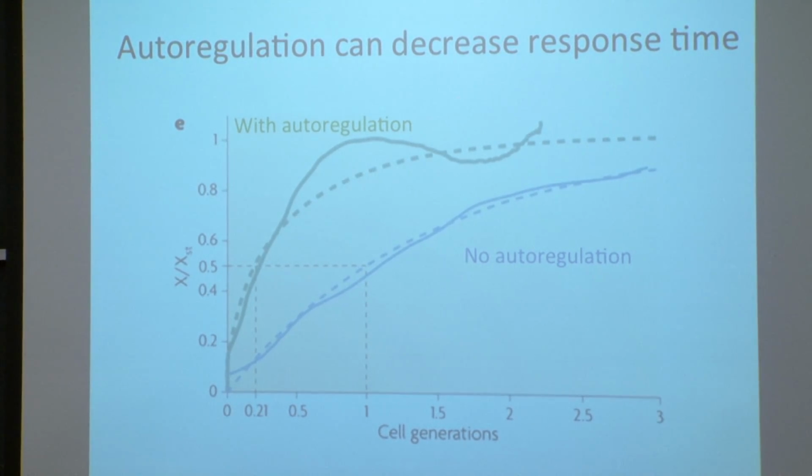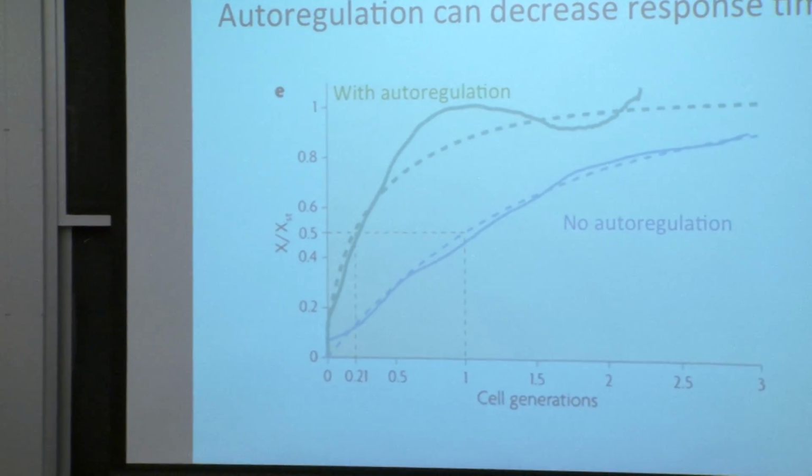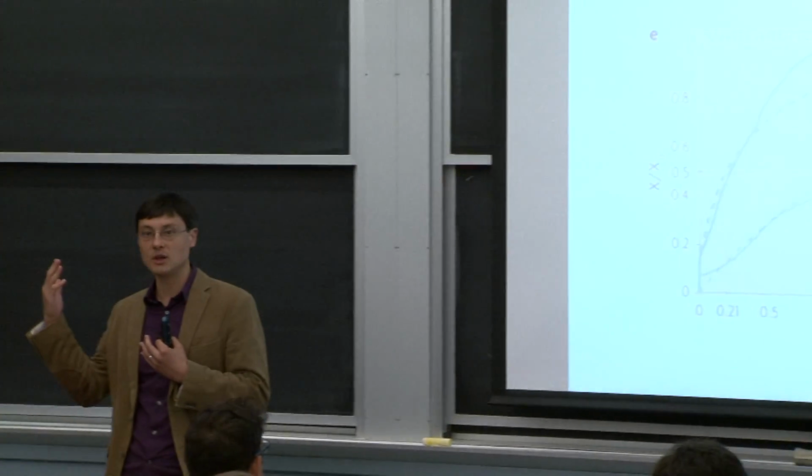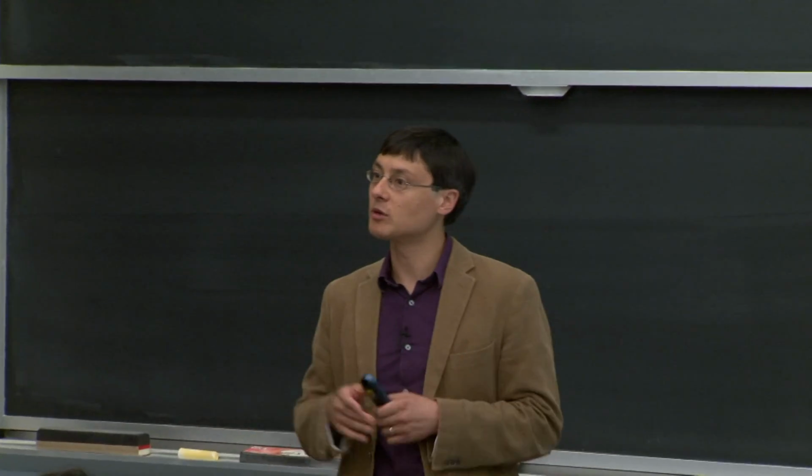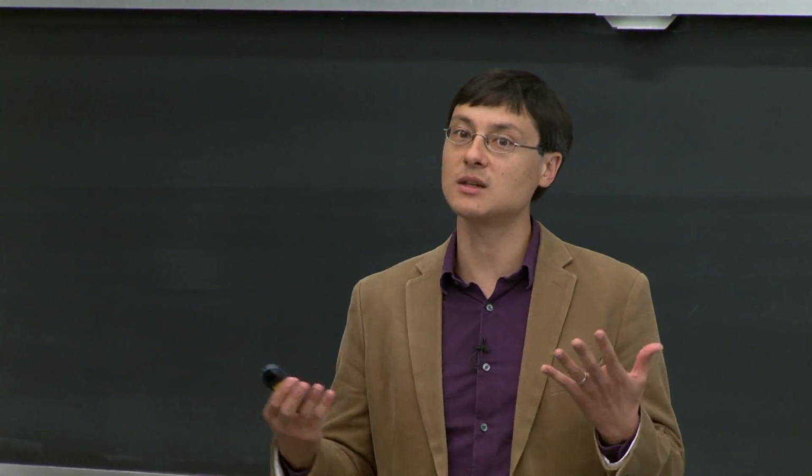In a similar way, this negative autoregulation increases what you might call robustness, the ability of the function, in this case maybe the concentration of the protein, to be robust to variations in things like the temperature, so environmental perturbations, or maybe just stochastic fluctuations.